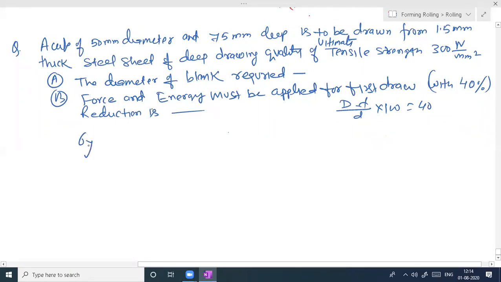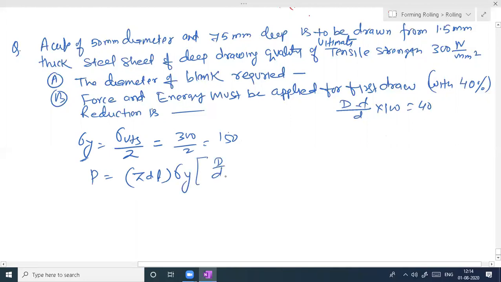But sigma y is equal to sigma UTS divided by 2. Generally, we take half of the ultimate as the average yield strength. In our formula, it is sigma y. So 300 divided by 2, that is 150 Newton per millimeter square. First thing, P is equal to pi d t sigma y, then D by D minus C.